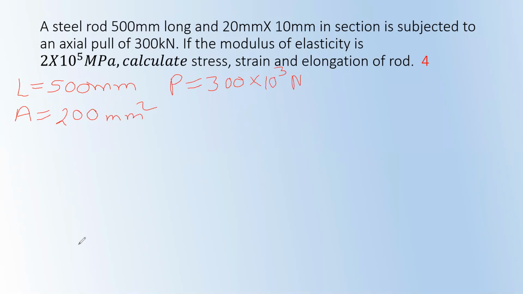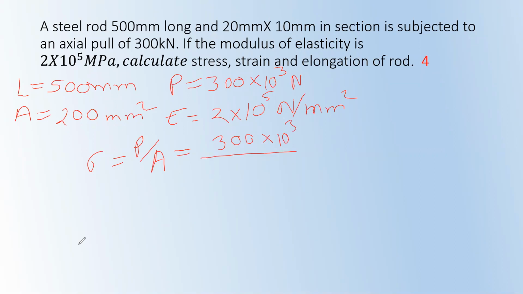Thereafter, the Young's modulus is given as 2 into 10 raised to 5 megapascal, but again I am writing in detail, it is Newton per mm square. Now we should find out the stress. What is stress? Stress is force per unit area. Here it is 300 into 10 raised to 3 upon area, that is 200.